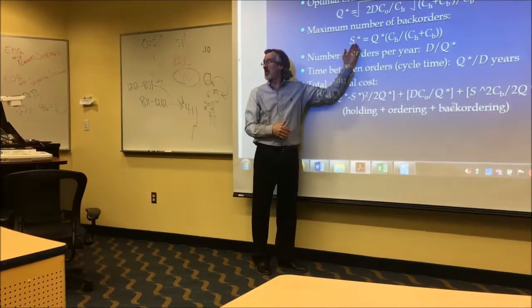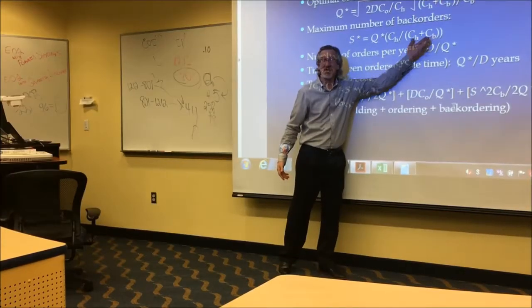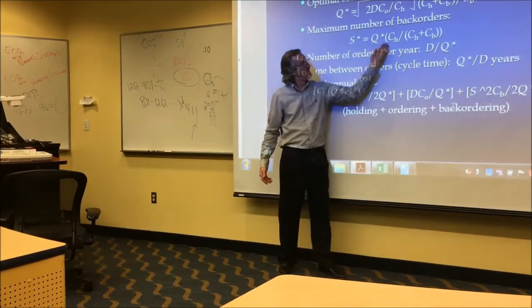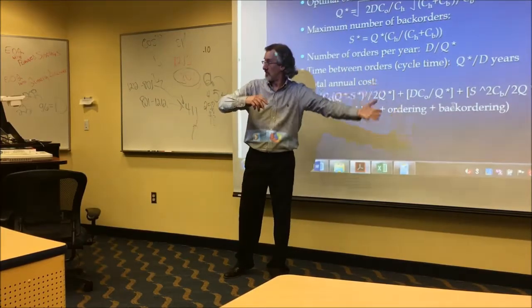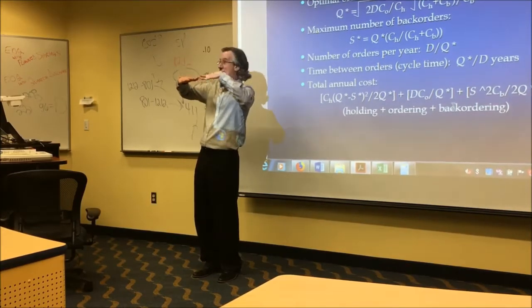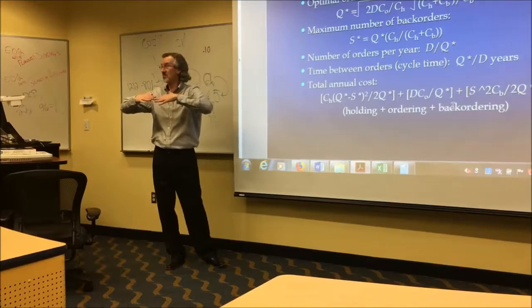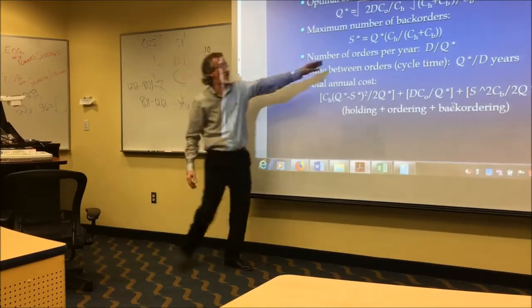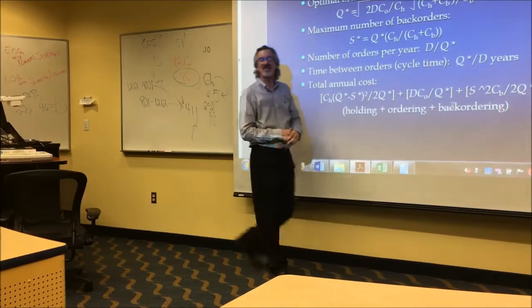It's the maximum amount that you should ever have on backorder based on that backorder cost that's already been calculated and that holding cost. Because your holding cost goes down now that you're going to be running out, but your backorder cost goes up. It's just, does what goes down outweigh what's going up? In most cases, the answer is yes, it does. In the situation where the backorder cost isn't as high as you think, like the car rental one that we're going to look at as an example.